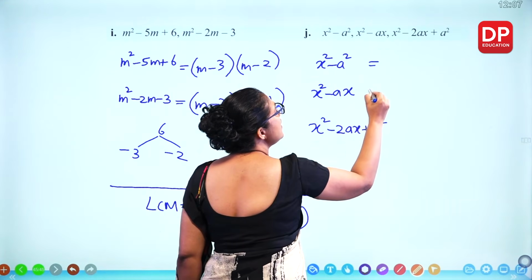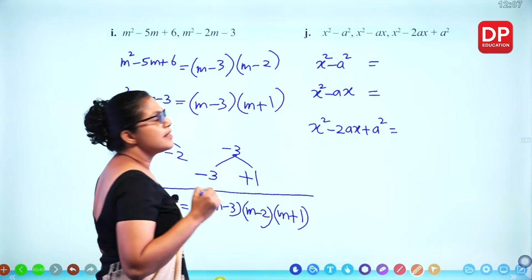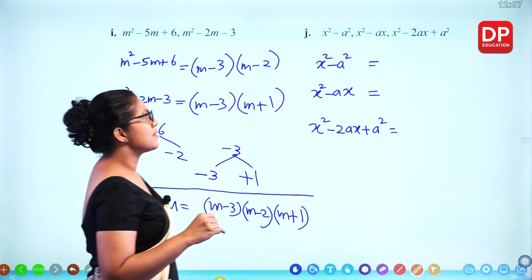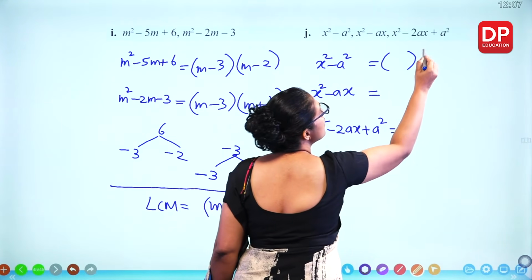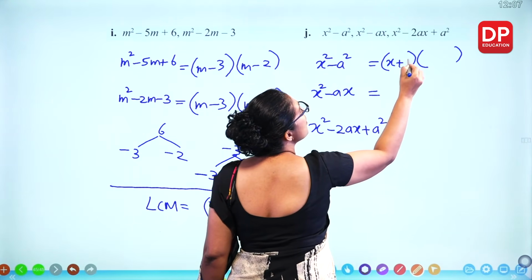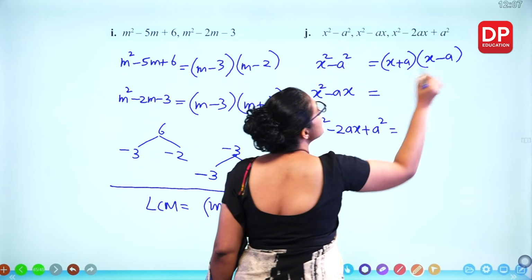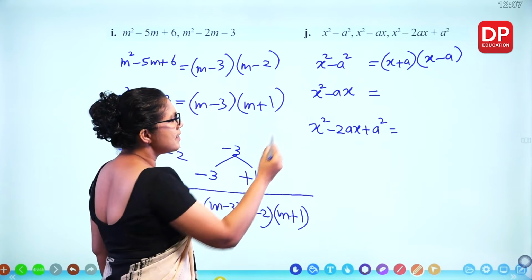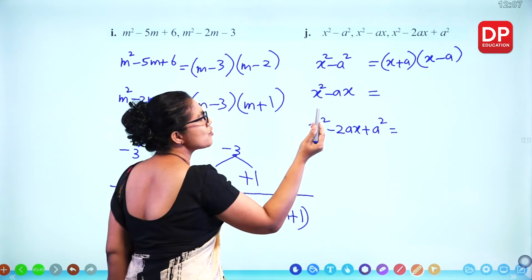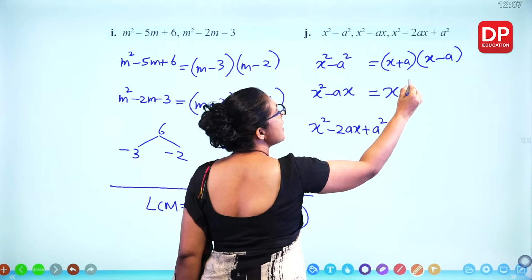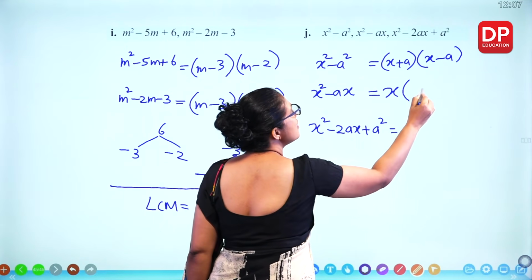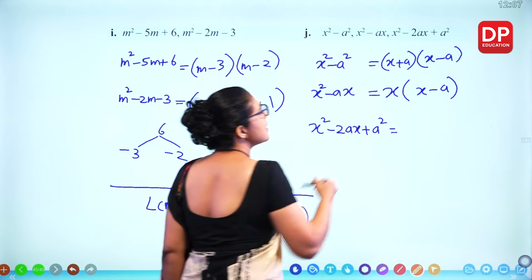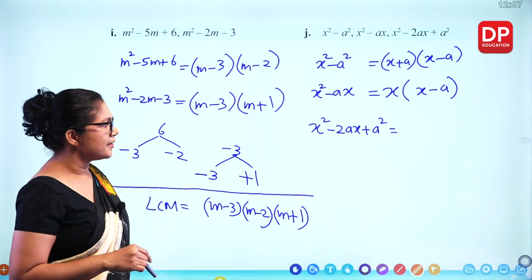So the first one, this is the difference between two squared terms. So you can straight away write down one factor is positive and the other factor is negative. This one, two terms, you can factorize. Take x out, x is common, you get x minus a. What about the third one?